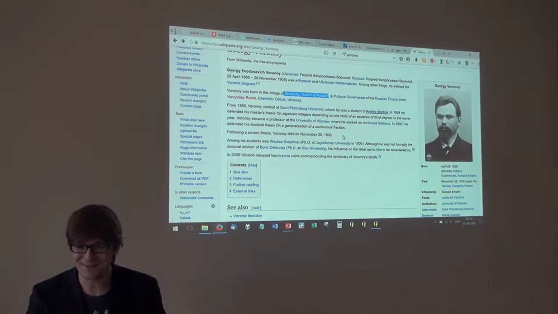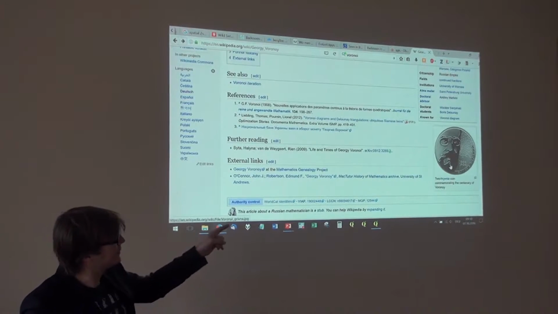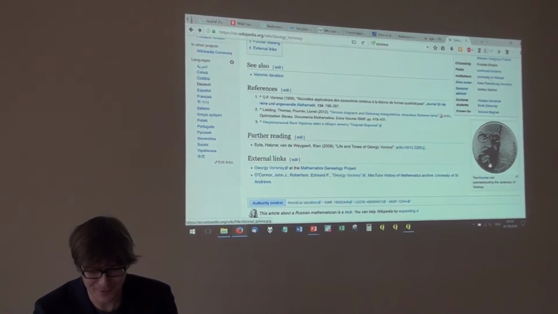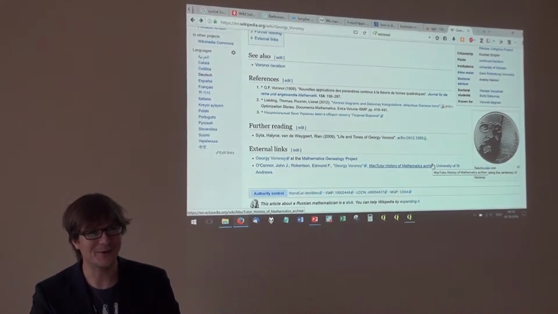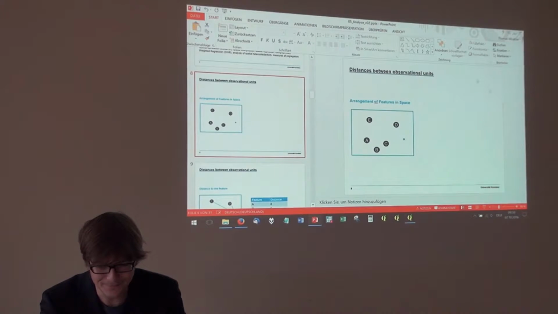This is a famous Ukrainian mathematician who was also on a coin recently, 2008. Maybe you saw the coin, but maybe not. But this is just an aside.